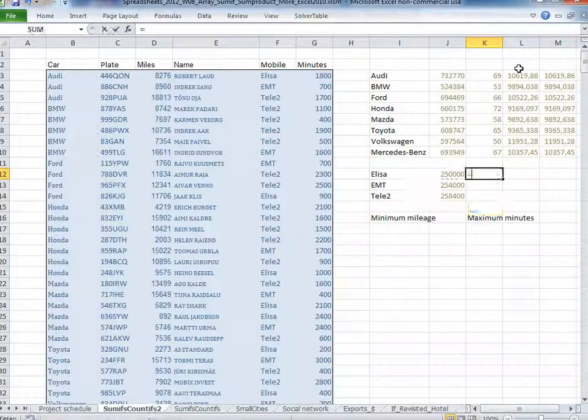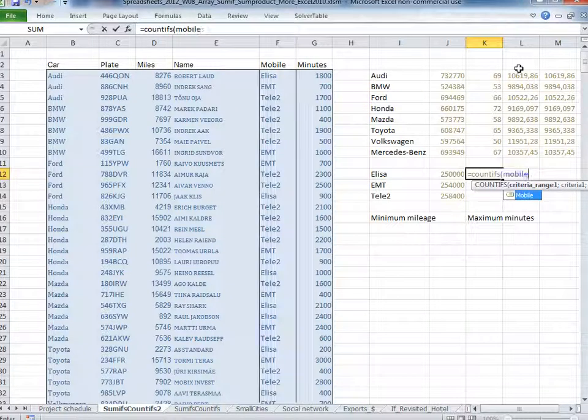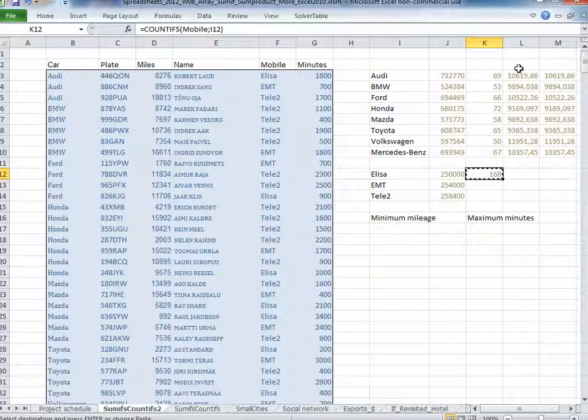So it's COUNTIFS, and we're checking the range named mobile, and we want to see whether it's an Elisa, and we have 168 phones for Elisa and 169 for EMT, and Tele2 has 163.